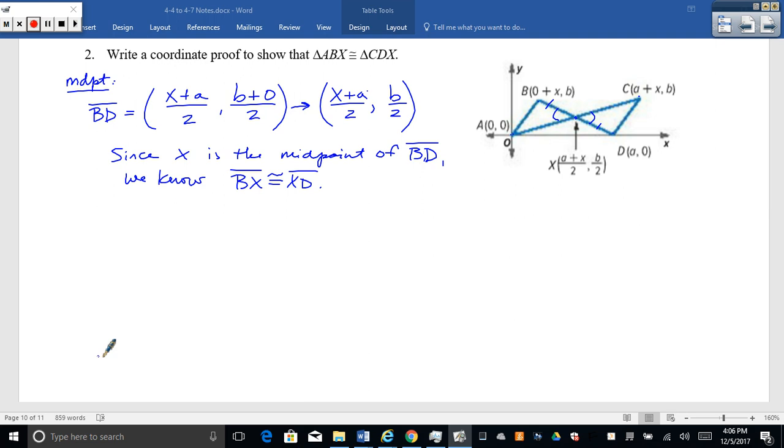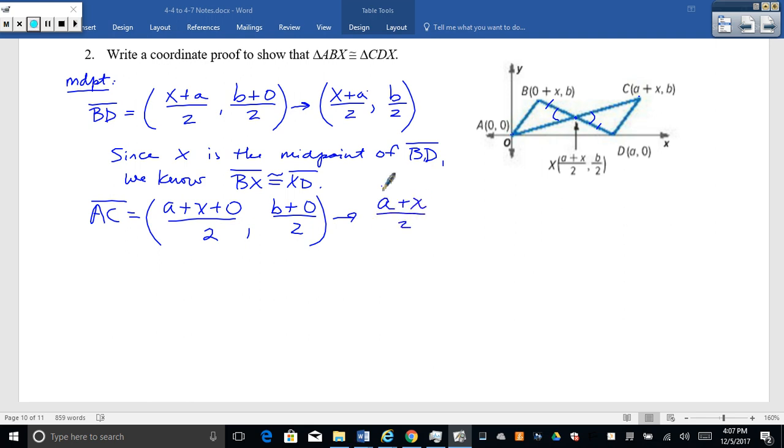If I do the midpoint of AC, we'll start with C this time. X plus X over 2 and Y plus Y over 2. Okay, so again, I'm just taking the x value, x plus x over 2, b plus 0, y plus y over 2. This ends up showing us that we have a plus x over 2, and we have b over 2. Okay?